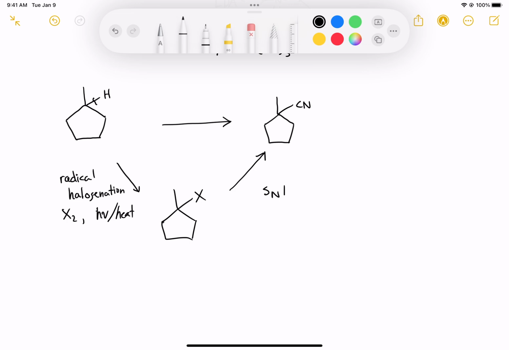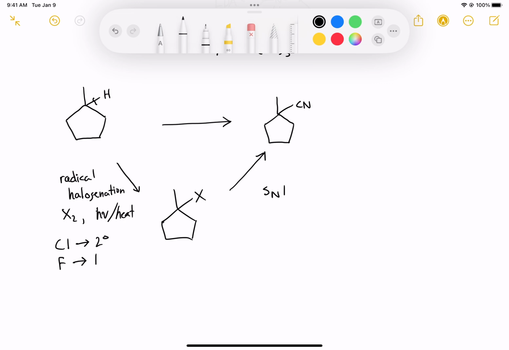So fluorine won't work because it's not selective. Chlorine won't work either because there are way more CH2 positions, secondary hydrogens, than tertiary or primary. So chlorine will go to the secondary position. Fluorine will give you all kinds of positions.